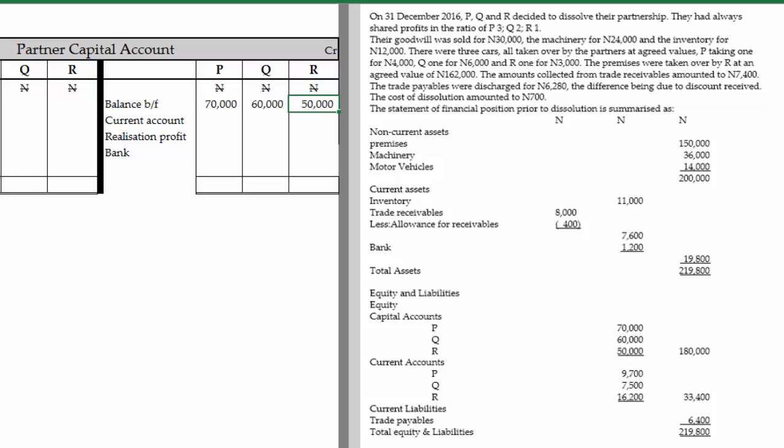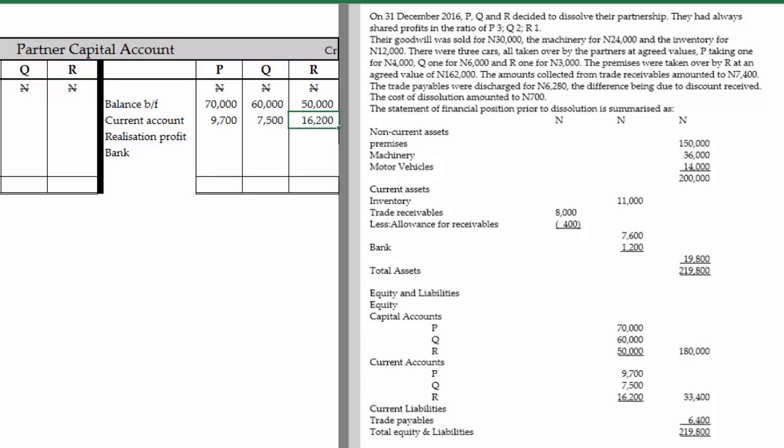But now that the company is dissolving, we have to close this current account and transfer it to the capital account. So there will be no more current account. Let's transfer it: P was 9,700, Q was 7,500, and R was 16,200.